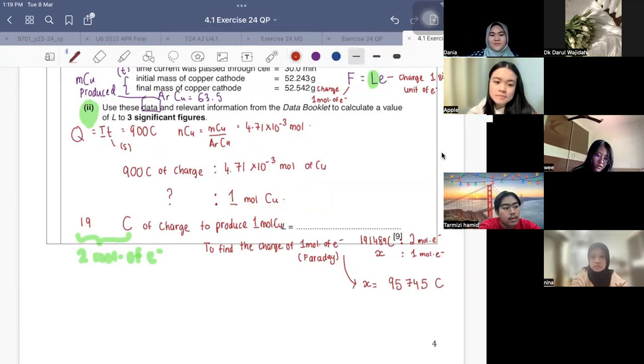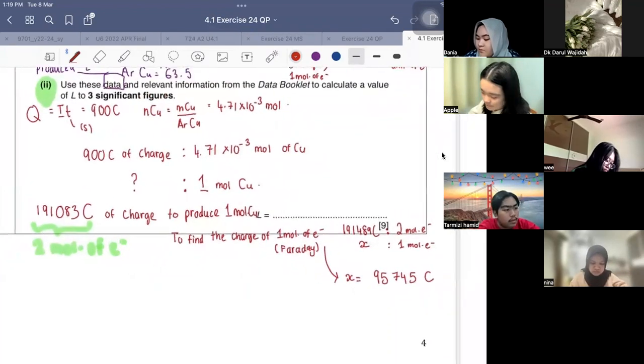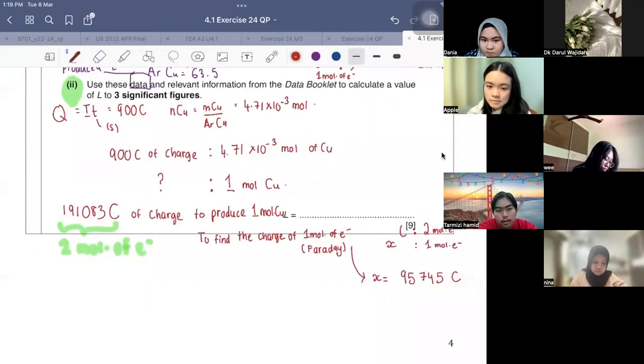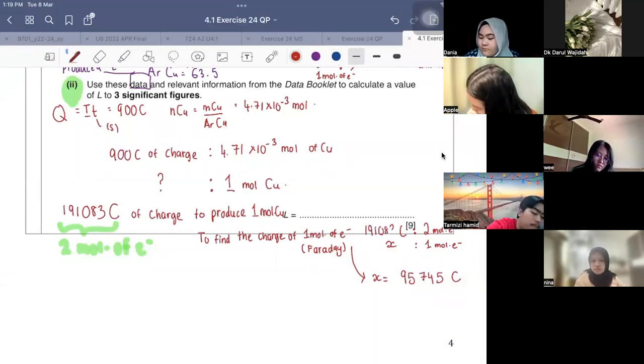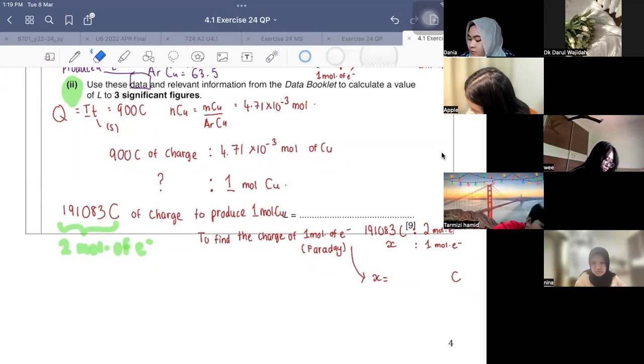The value is 191,083 coulombs. Thank you for pointing it out. I just used the value from the marking scheme. Sorry about that. But the working is still the same. So that means my Faraday constant, the charge per 1 mole of electrons, would also be slightly different, but not too far off.